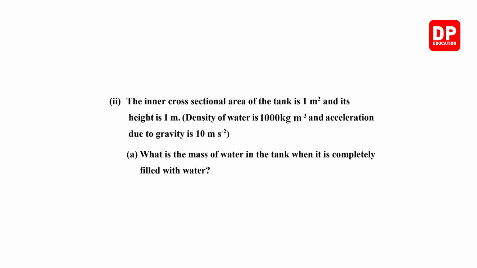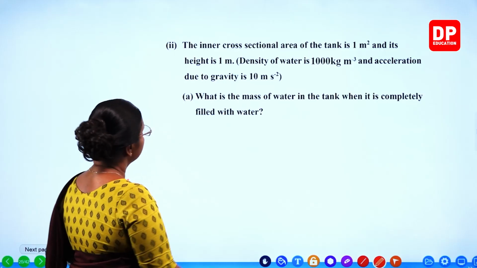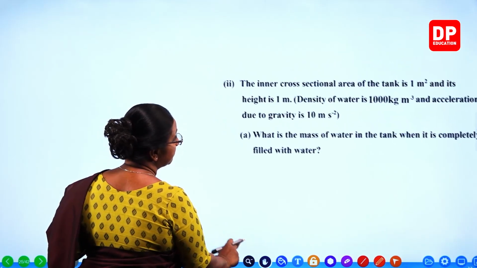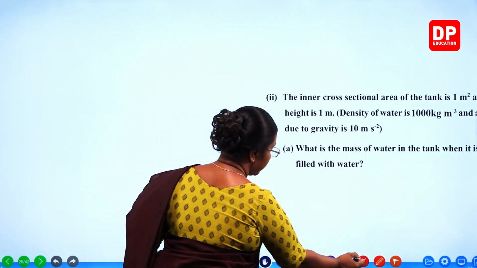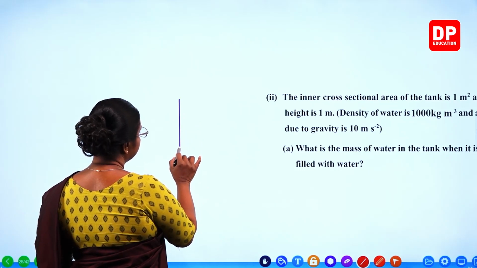Second one, the inner cross-sectional area of the tank is 1 meter squared and its height is 1 meter. Density of water is 1000 kilogram per meter cube and acceleration due to gravity is 10 meters per second squared. So here they have given some information. You can draw that here, as in the diagram.